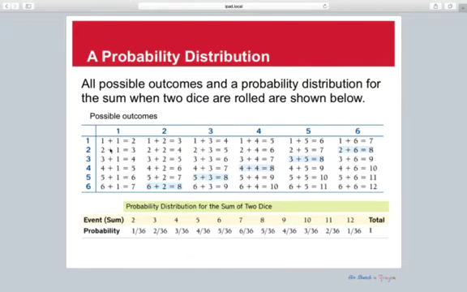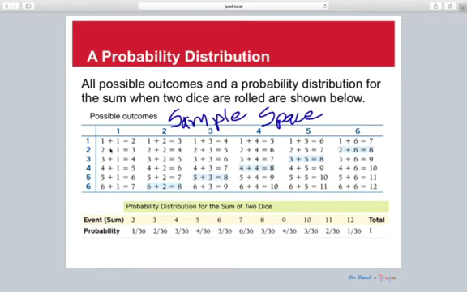So here's an example for you. This is a probability distribution for the sum of 2 dice. If you have 2 6-sided dice, up here in this table is your sample space. That's your list of all possible outcomes. I've said it a couple times, it's called a sample space when you list all the possible outcomes.